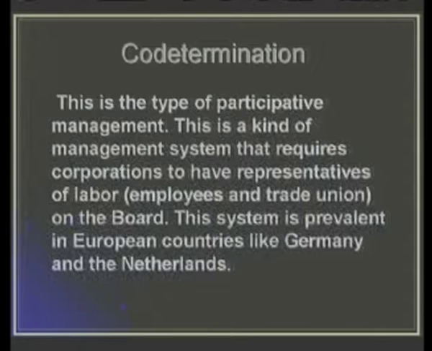This is a kind of management system that requires the cooperation of the representatives of laborers, employees and trade unions on the board. And this system is prevalent in European countries like Germany and the Netherlands. In fact, in most of the East European countries, we have talked about codetermination as one of the techniques.